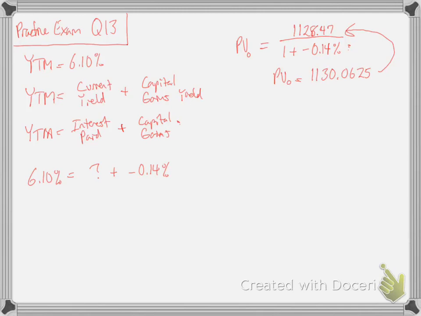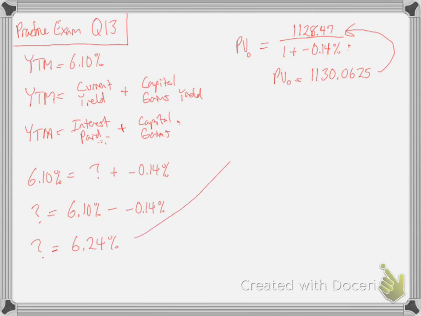So if we rearrange this, we can see that the current yield equals this 6.10% minus this minus 0.14% capital gains yield. So we end up with a current yield of 6.24%. So remember what that represents. That represents the interest paid during the course of the year.